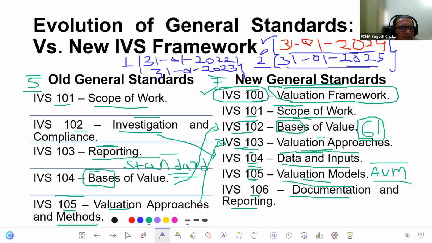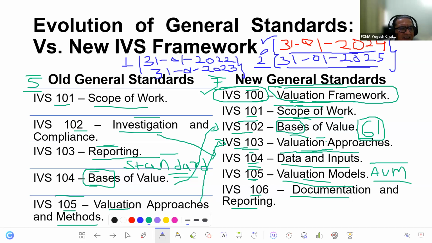So whenever we come across a valuation assignment, we need to follow this order of activity, starting with the finalization of the valuation framework, then the finalization of the scope of work, then the finalization of the basis of value, and based on the basis of value, we can determine the valuation approaches.